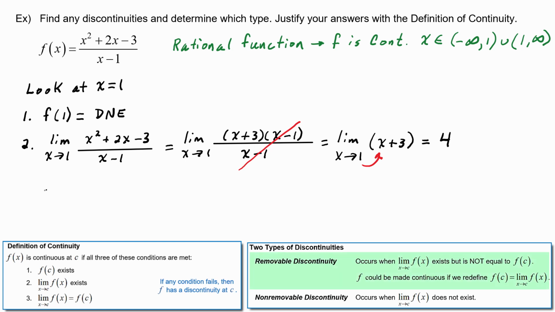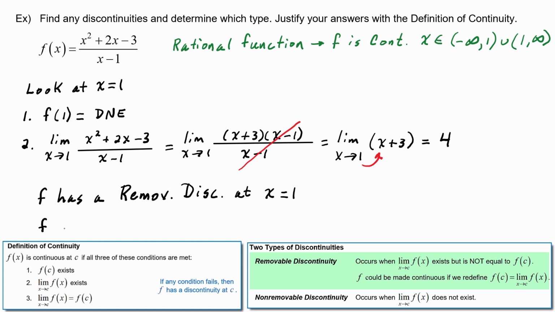So we know that f has a removable discontinuity at x equals 1. Now, because it's a removable discontinuity, we have to make that statement about how it could be continuous if we redefine it.